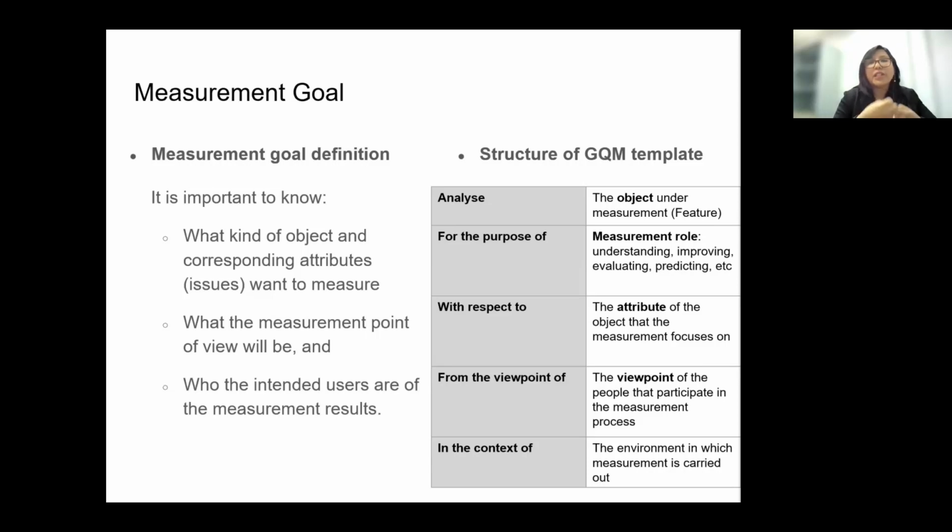We analyze a certain object with respect to this attribute, which is also a property of the object. From the viewpoint is the measurement viewpoint that you already know from the framework. And this last part is also important because we say in which context the measurement will happen, for example, the environment in which the measurement is carried out.